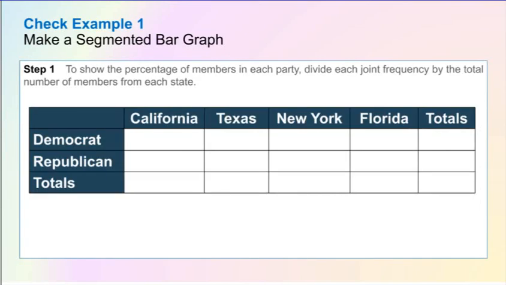And when we do that, for Democrats in California, that's 45 divided by 52 gives us 86.5. Republicans, that would be 7 divided by 52 gives us 13.5.